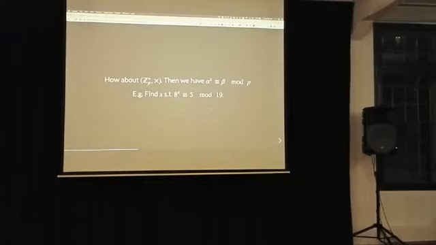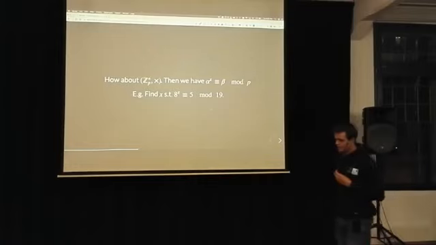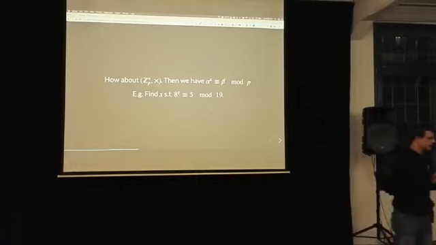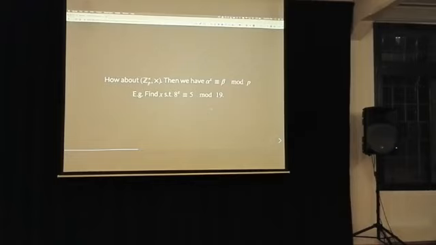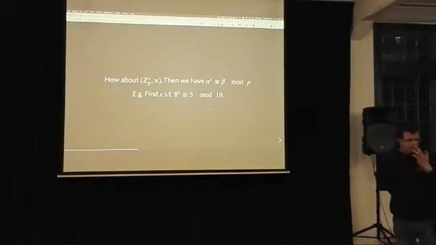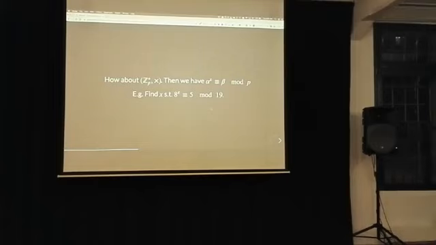Okay, can we do better? How about Z_p star times? What's Z_p star times? It's the cyclic group you get by filtering out everything that is not coprime to p. When p is prime, it's a simple definition: it's the group of 1 through p minus 1, where the operation is multiplication modulo p.